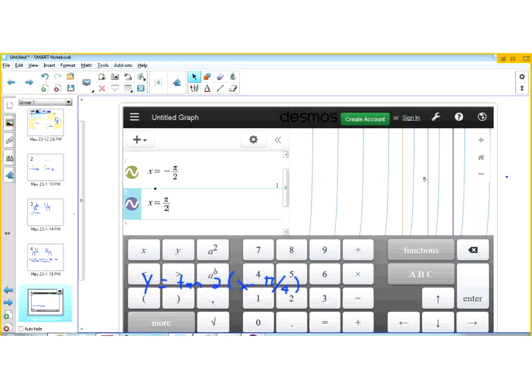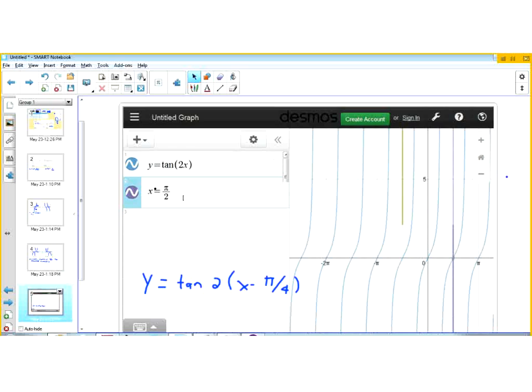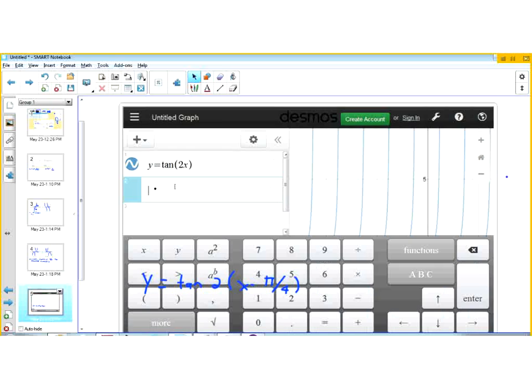I'm sorry, it's asymptotic with pi over 4, so I need to change that to pi over 4. Let me recalculate the vertical asymptotes. That would be x equals negative pi over 4, and then x equals pi over 4.